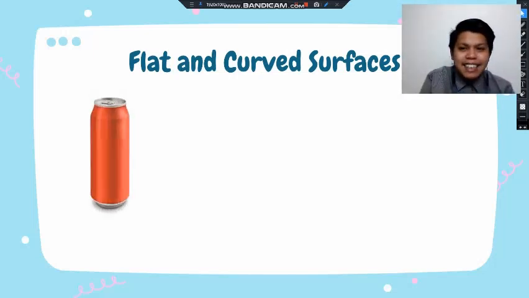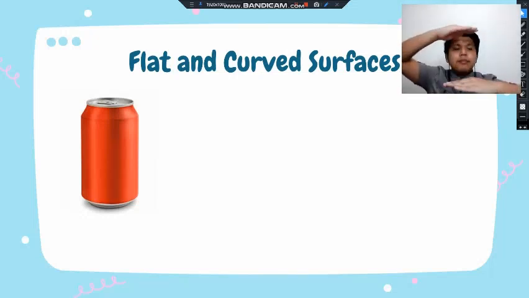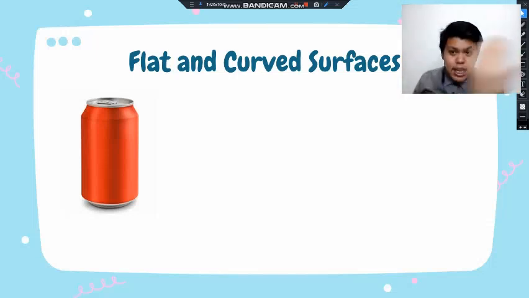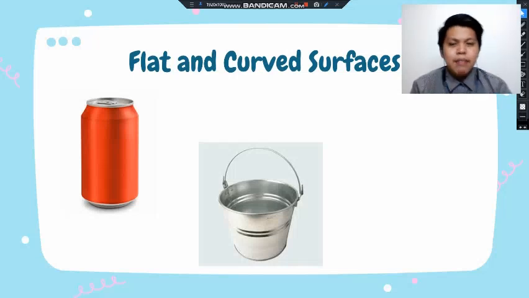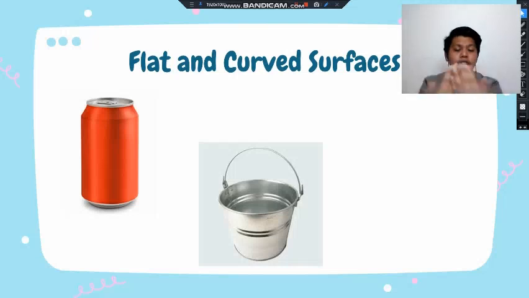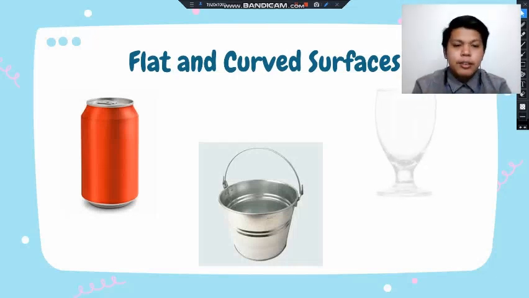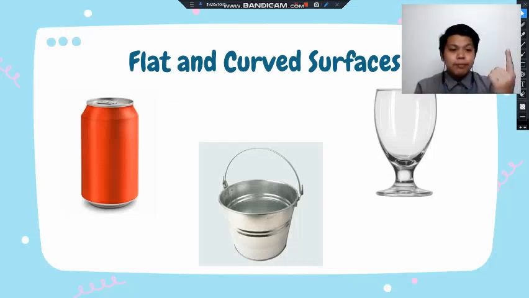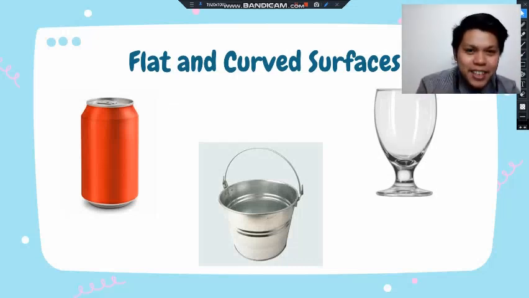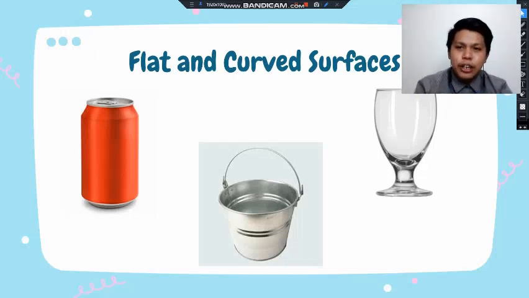We have a can. It can stand up because it has flat surfaces. Then if you lay it down, it will roll. That means it is curved. We have the bucket. Same, it can stand up because it has a flat surface and a curved surface also. Of course, our glass. It is circular and flat. So here are just some of the examples.